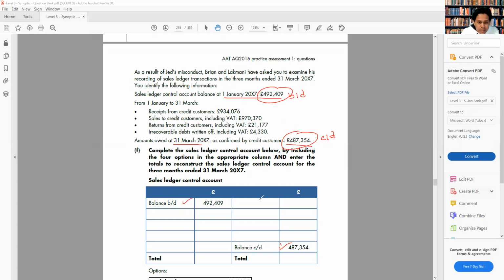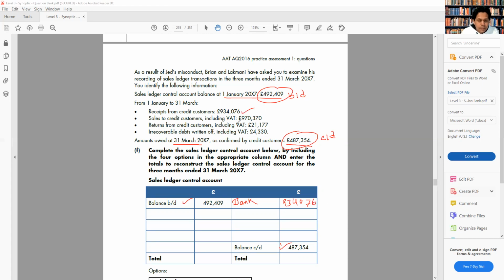We can write bank or cash book, there is no problem for that. That will give you the amount we received from this credit customer, because if you receive the money, that will reduce their balance. At the beginning we are expecting 492, but they paid 934076.